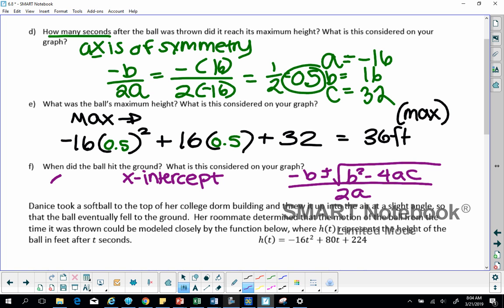Two. So 2 is your positive x-intercept, so that means when did it hit the ground? In 2 seconds. Perfect.